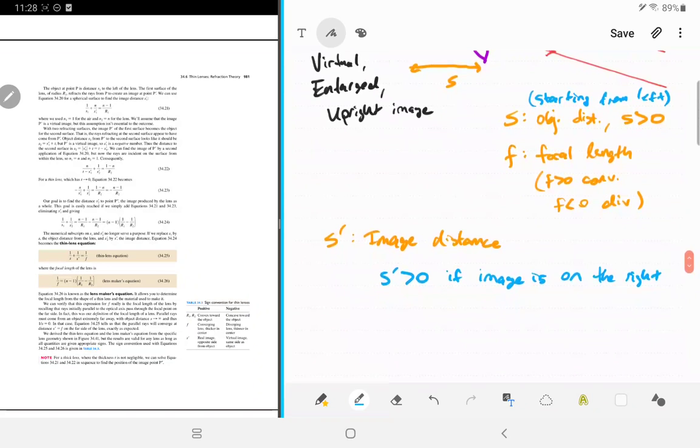Now, if the image is on the side opposite to the object, then s prime is positive. But if the image is on the same side as the object, then s prime is negative. If the image is on the left, s prime is negative if it's on the same side as the object.